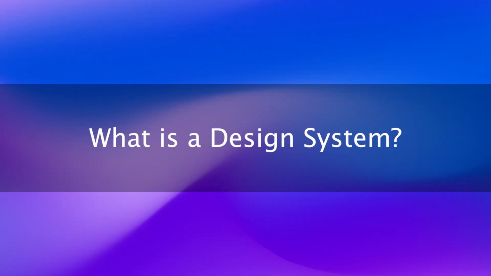So Fabian, what is a design system? Yeah, that's a really good question. I think design systems can be defined by everyone a little bit differently depending on the company, depending on the goals, depending on the requirements, obviously.